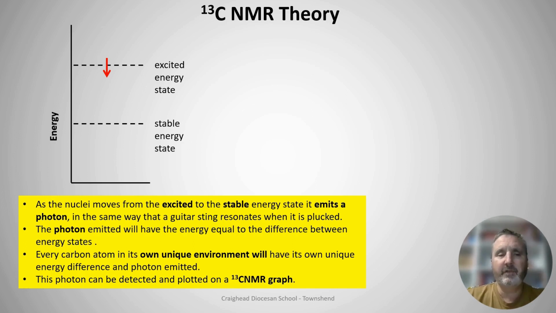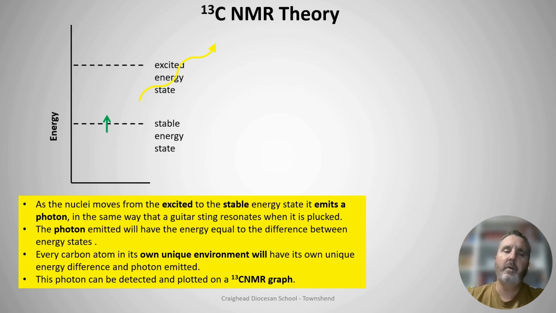That burst is detected, and from that detection, we can determine exactly what frequency the light energy is at. We then plot this on a graph, and this is a carbon-13 NMR graph.